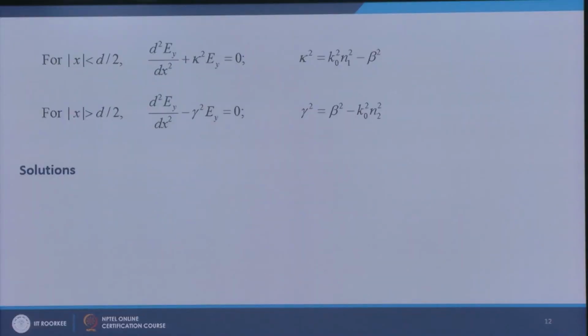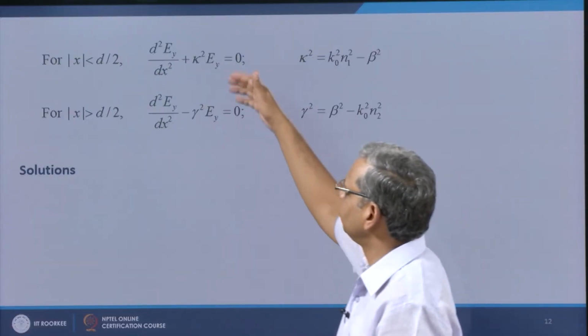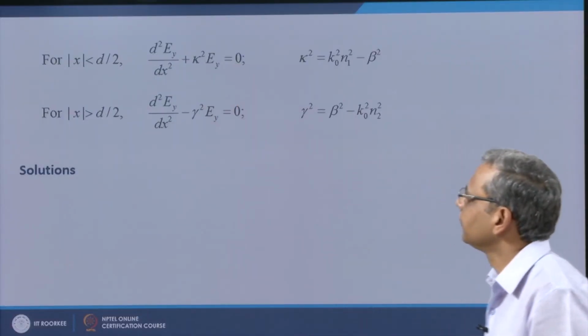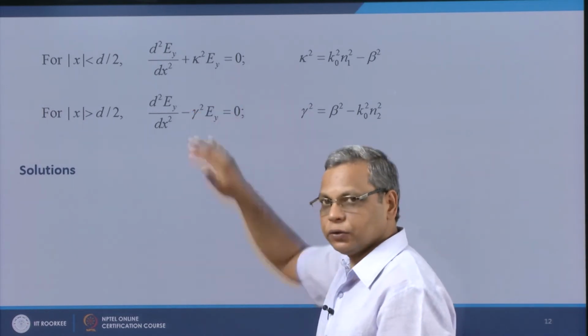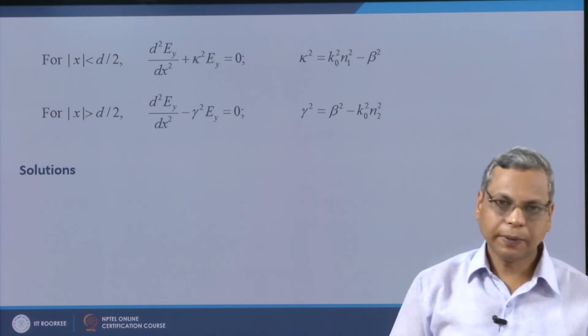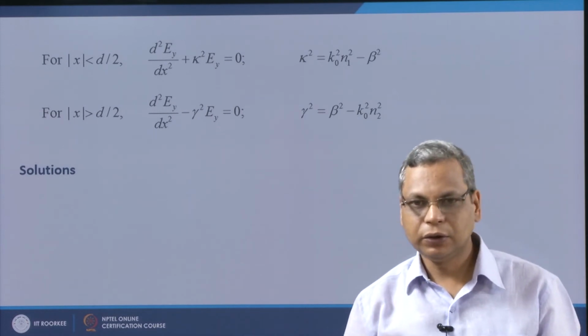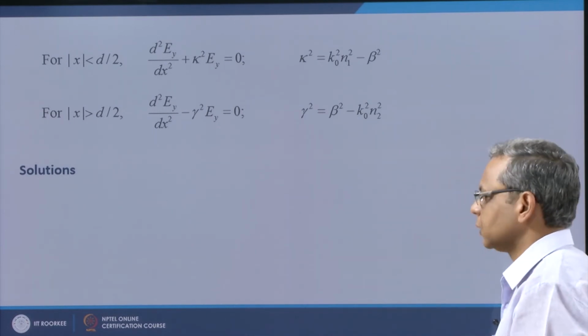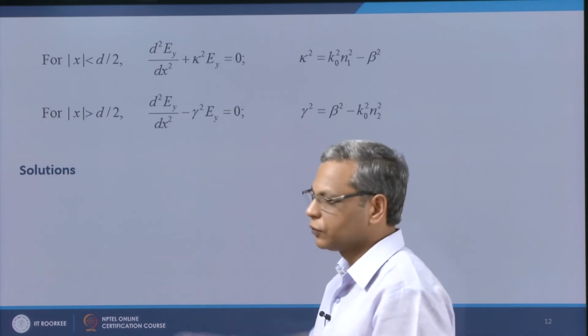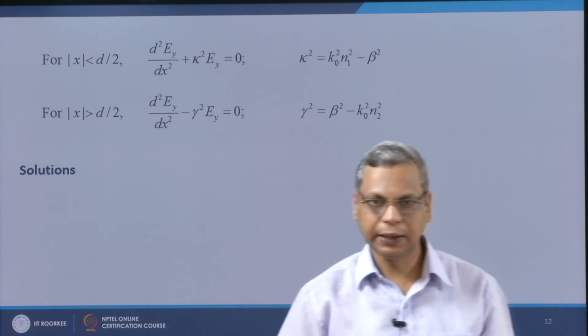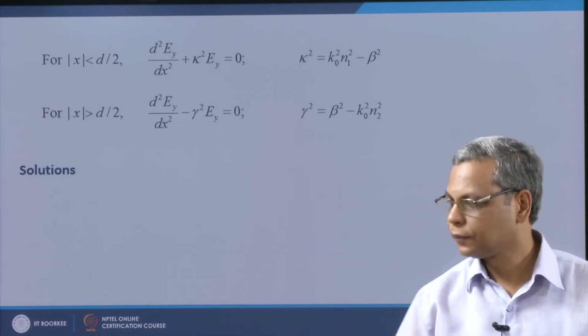What are the solutions? I know the solutions of these differential equations very well. This equation gives me oscillatory solutions, e to the power i kappa x or e to the power minus i kappa x or sin kappa x, cosine kappa x, while this equation gives me exponentially amplifying and decaying solutions.